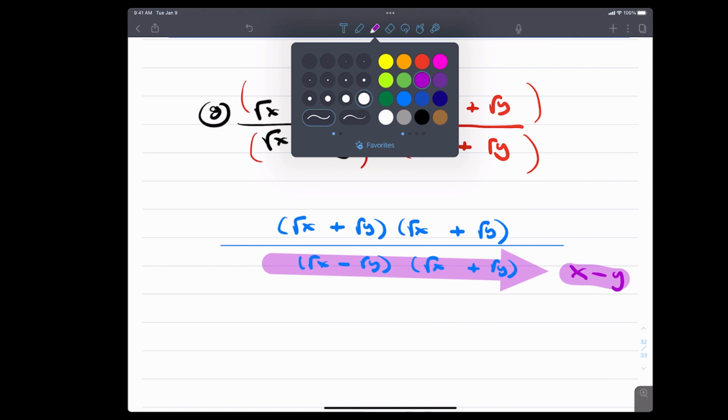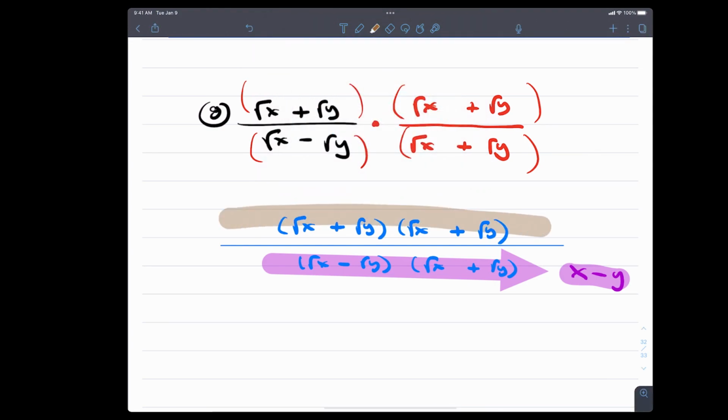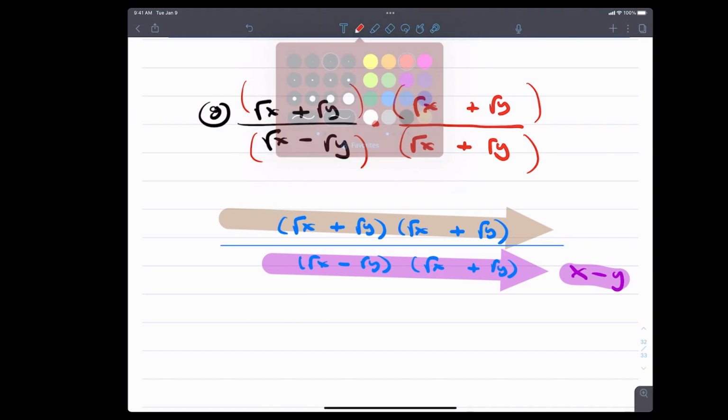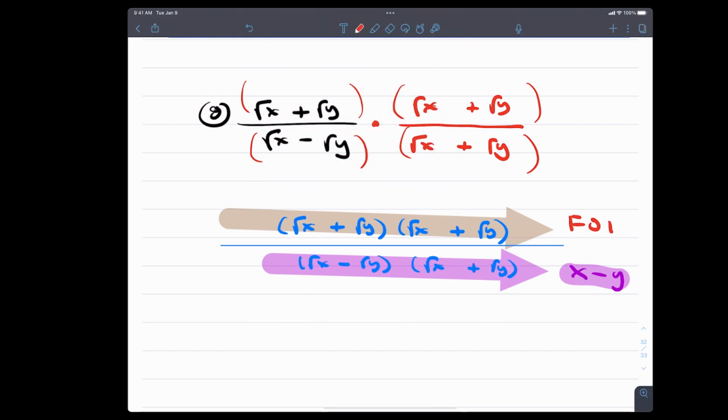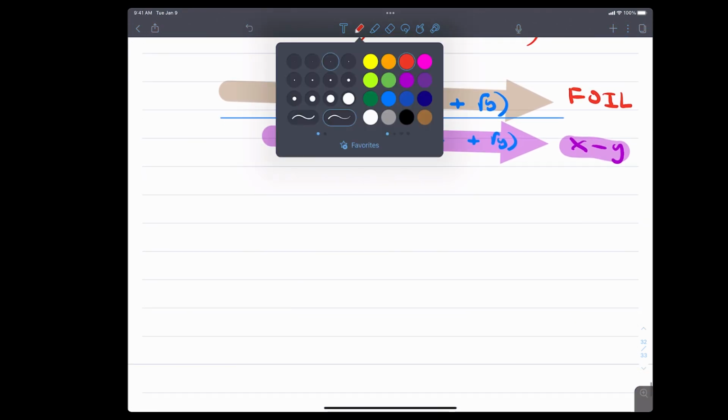But the numerator is a different story. Is that right? You don't have conjugates in the numerator, and again, you're going to have to use FOIL in that numerator. So, ladies and gentlemen, let's take a look.